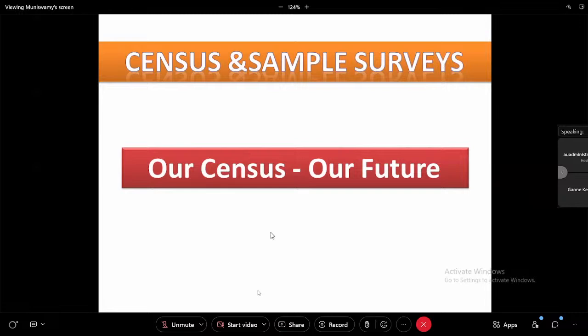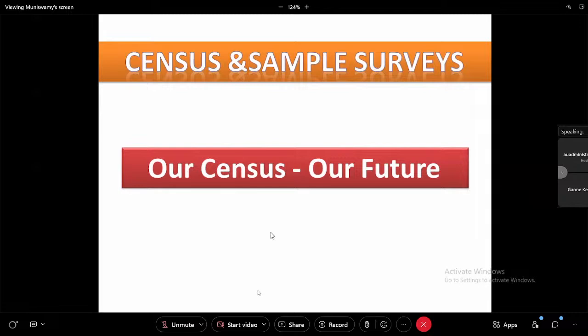The census survey is conducted in our country once in every 10 years. So why do we conduct it? To assess the population conditions of the Indian population, either economic, cultural, or social.